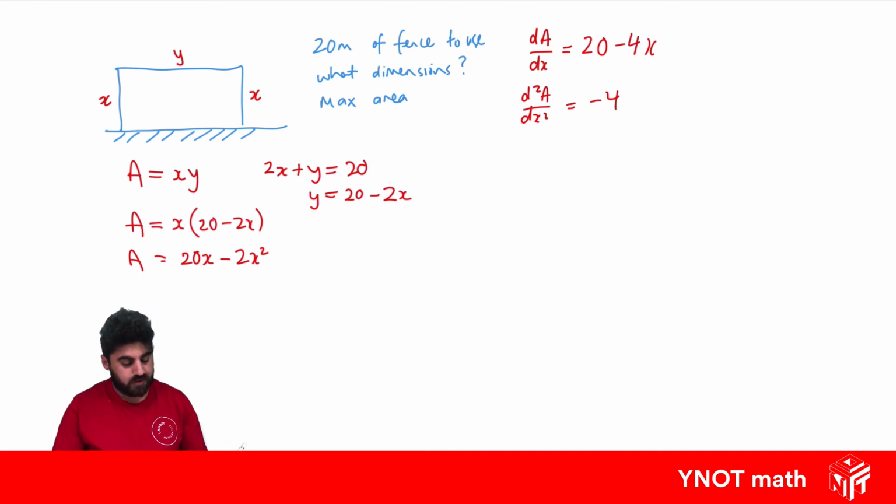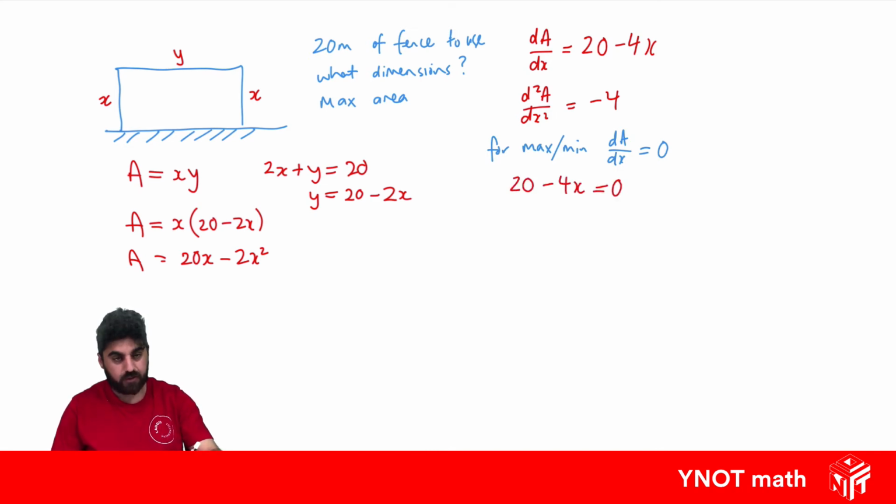And we're going to use these to find our maximum area. So we know for a maximum or a minimum stationary point, or a maximum or minimum value in this case, our first derivative has to equal 0. So we'll do that. So our first derivative is 20 minus 4x, which equals 0.